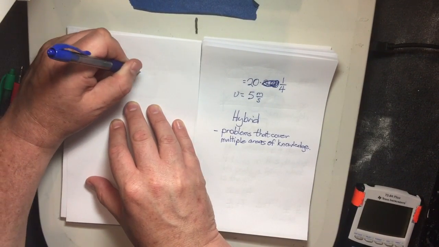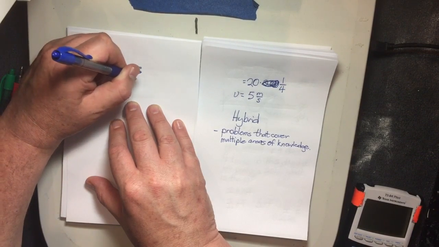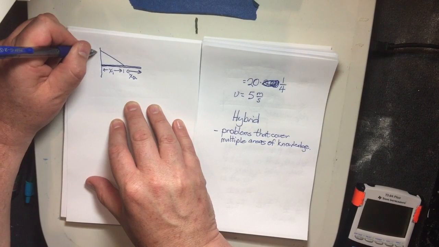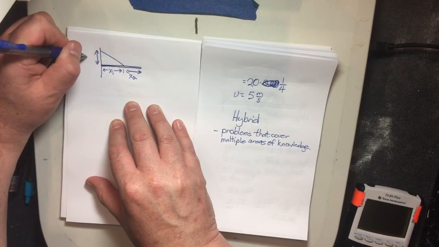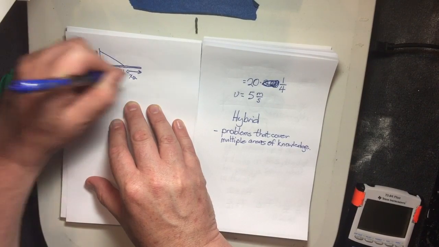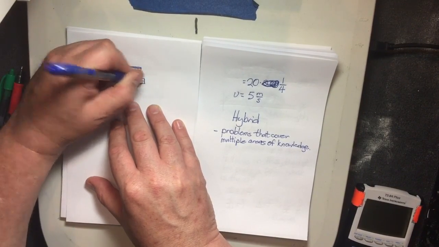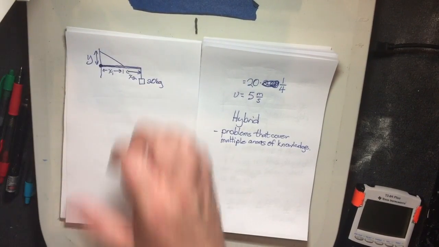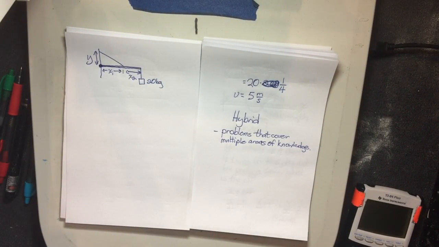This is distance x2. This is a string. This is distance y. There is a 20 kilogram mass hanging at the end of that post, or flagpole, or whatever you want to call it.